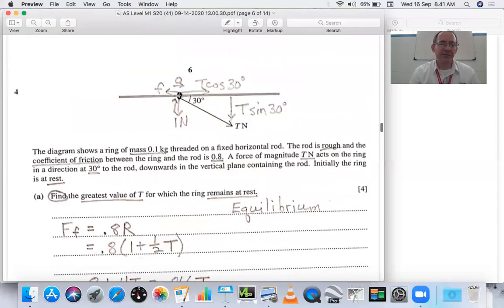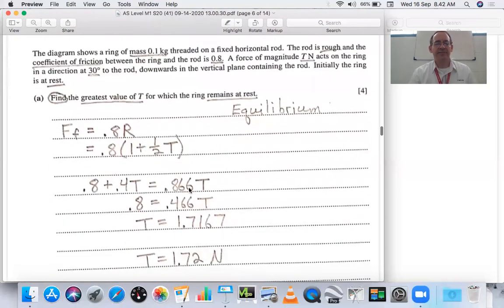And when we look at the force going to the right, the force of friction is going to the left, the force pulling to the right, that is the horizontal component of this T Newton force, is T cosine 30, that's the adjacent side. And so cosine of 30 is 0.866 T.